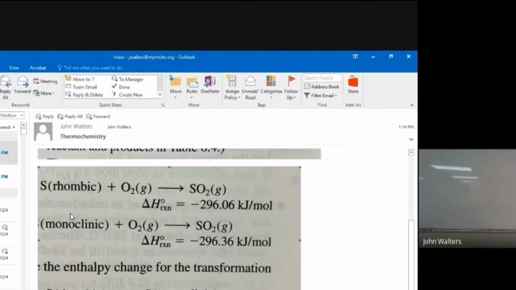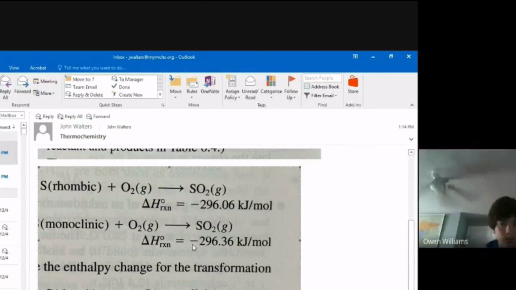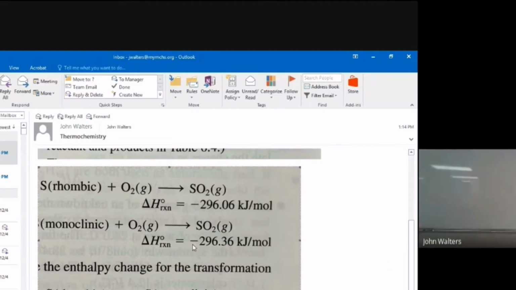Yes or no at home? Won't the oxygen gases cancel? Yeah. What happens to this sign value? If we flip-flop this reaction, what happens to the sign value? It goes to positive. It changes.